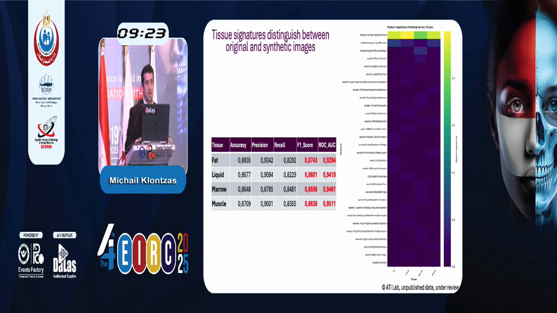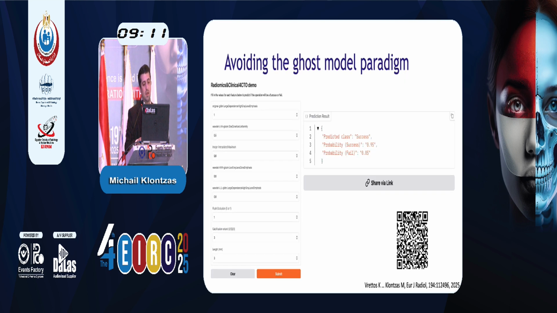You are in the radiology department, you want to use them, and you don't have this chance. In this case, you need something that is applicable and your radiologist can actually use. And this is the reason that I call this the ghost model paradigm, because you actually have models that are ghosts. They stay on paper, nobody will ever use them.